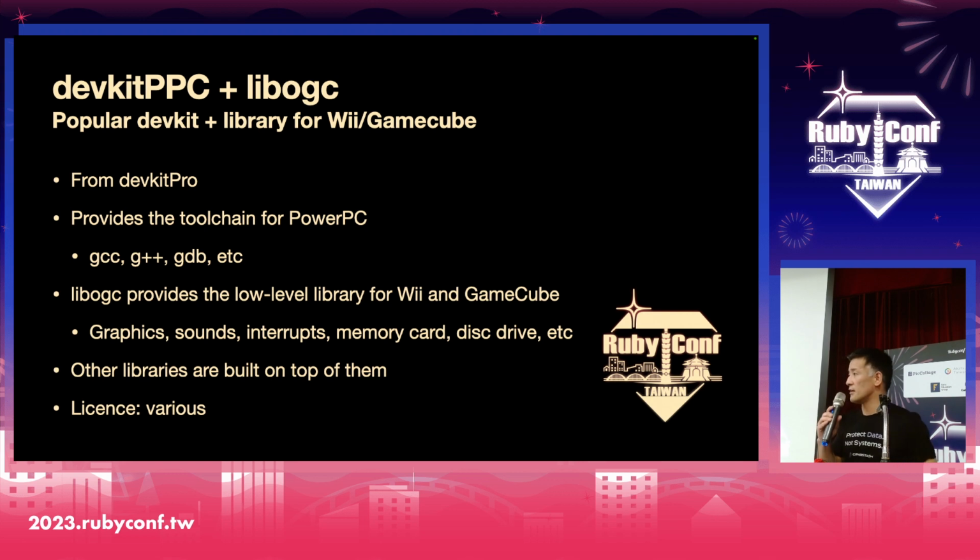But if you're doing, say, commercial software development using libogc and devkitPPC, you might want to carefully check the licenses, because components of these have different licenses.